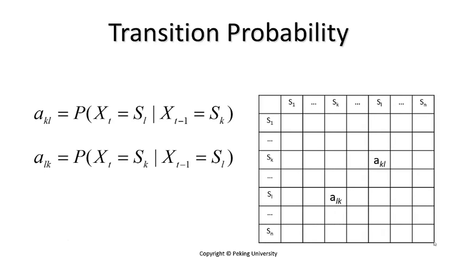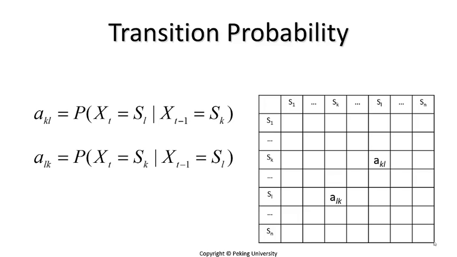Specifically, we'd like to introduce the concept of transition probability here. Denoting by alpha_KL the probability of state K at time t transiting to state L, a transition probability matrix can thus be constructed. This definition does not require alpha_KL and alpha_LK to be equal.